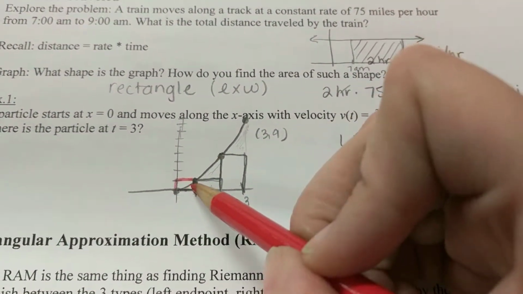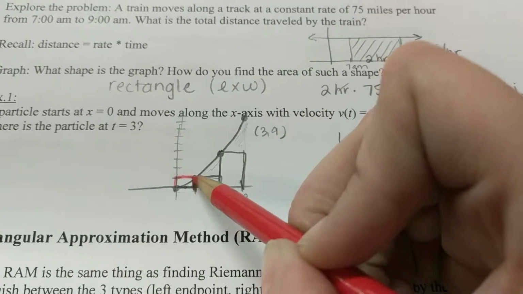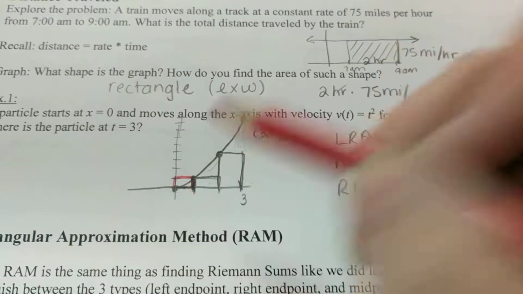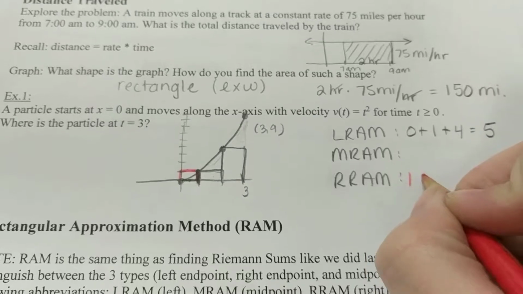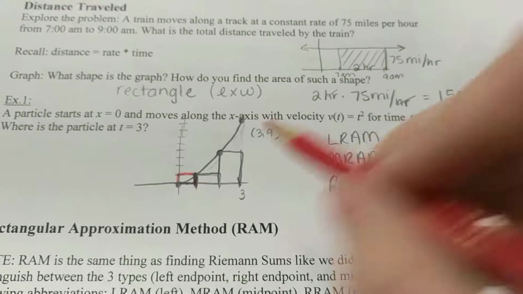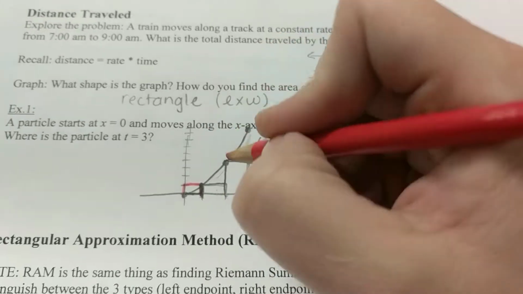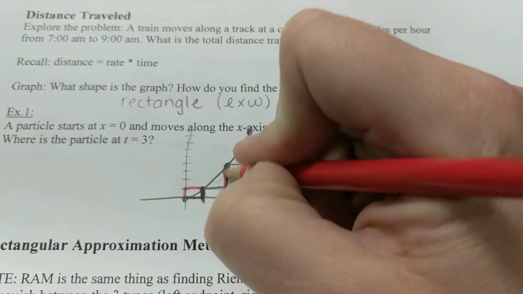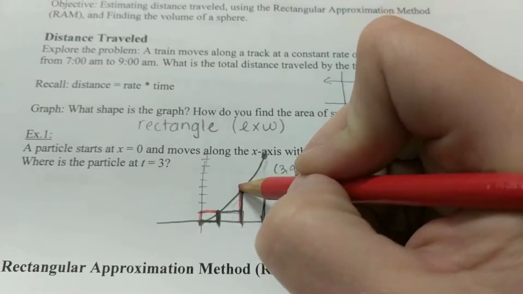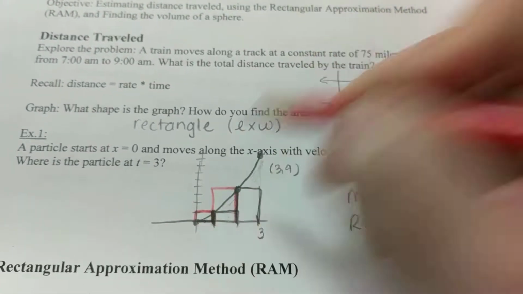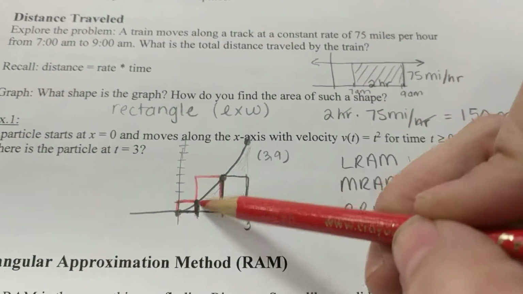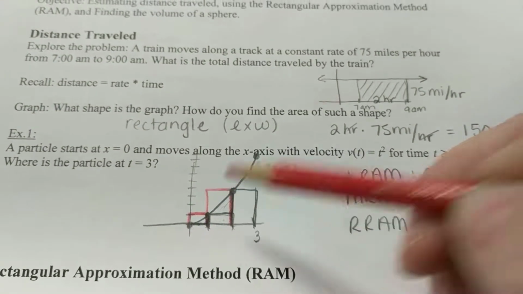So now my rectangle is up 1 and over 1. So that one had an area of 1. My next rectangle from 1 to 2, the right hand endpoint is at 2, so still using this line. I went up 4, but I draw it back. So the area of this rectangle is 1 by 4, which is 4.